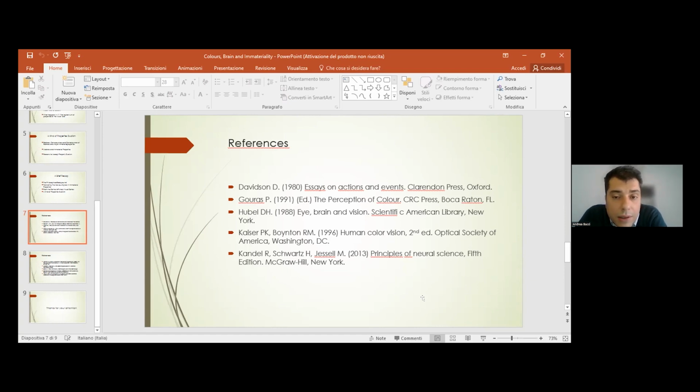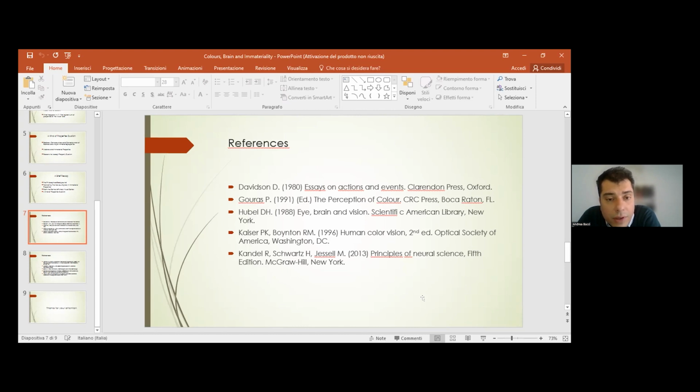The study is a theoretical study, but we take into consideration the fundamental studies, a lot of studies that are now in the references, that we took to think about perception of color.